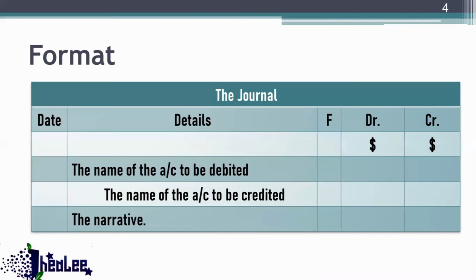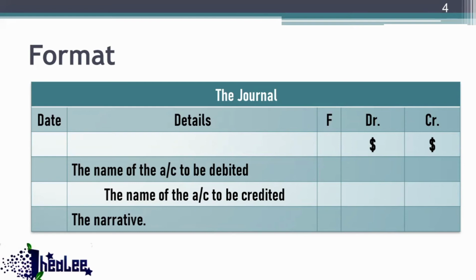And after that, you're seeing the details, the narrative. Now, what is the narrative as it relates to the general journal? It is simple, nothing difficult, and that is a description and explanation of the transaction.